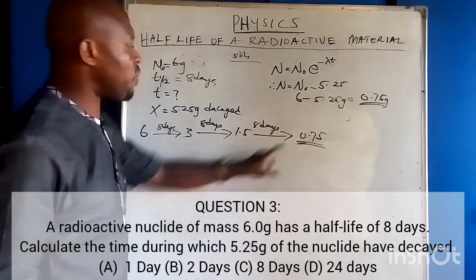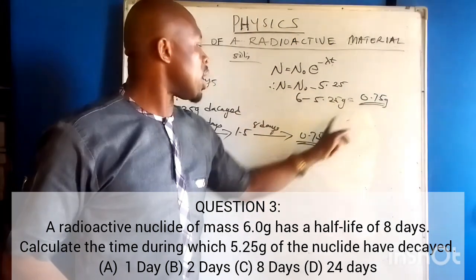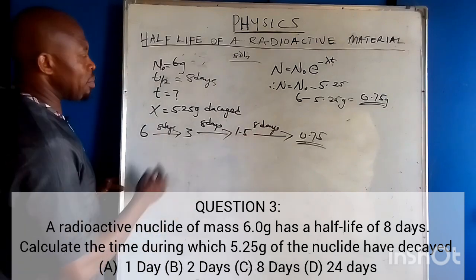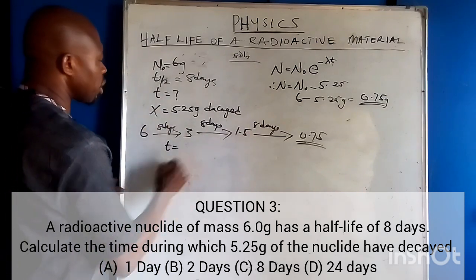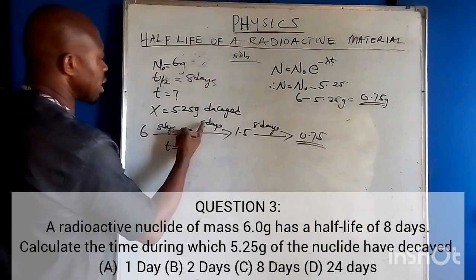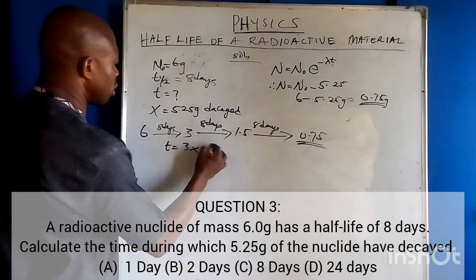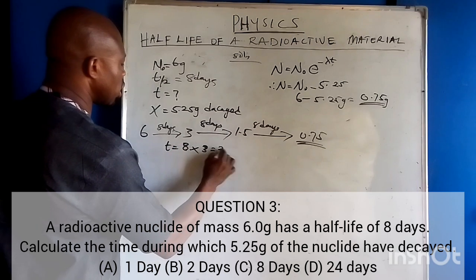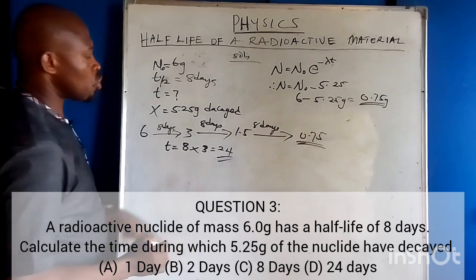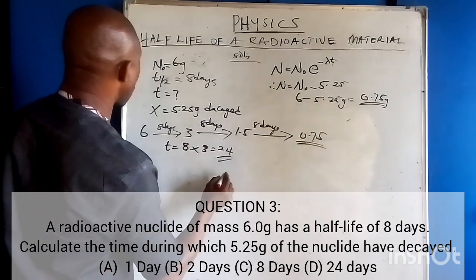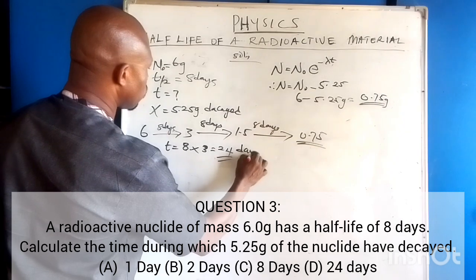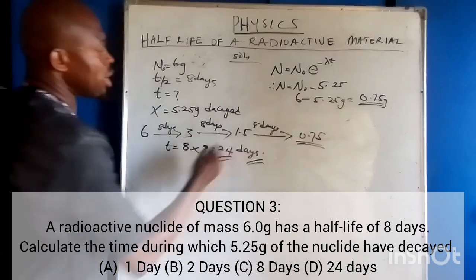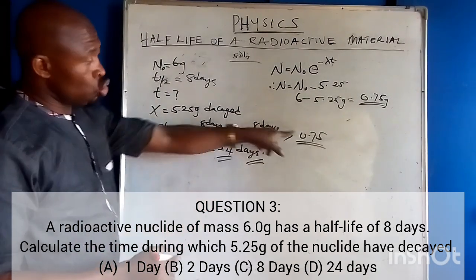So this is the fraction that will remain. The two methods are in agreement. So the total time of transmutation is 8 times 3, which gives us 24 days. That is the time taken for this element to reduce to that.